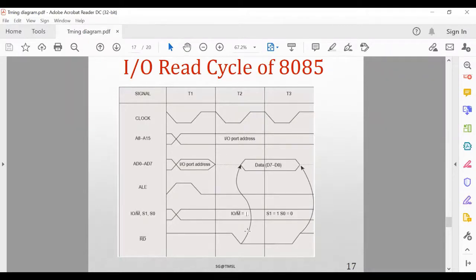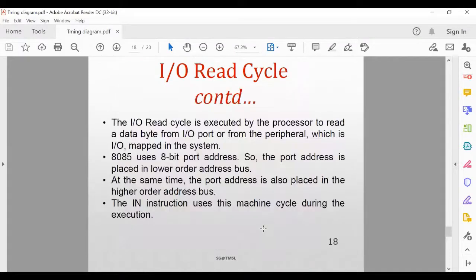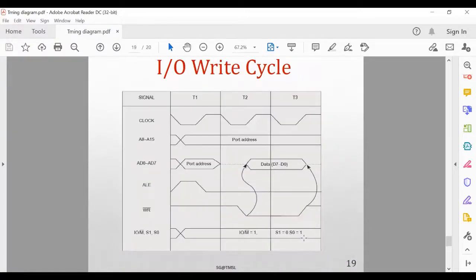Okay, the status will be changed according to the table. 110 will be for the IO read machine cycle, and that is the read operation, that's why the read control signal is used. And if it is the write cycle, the write control signal will be used here.